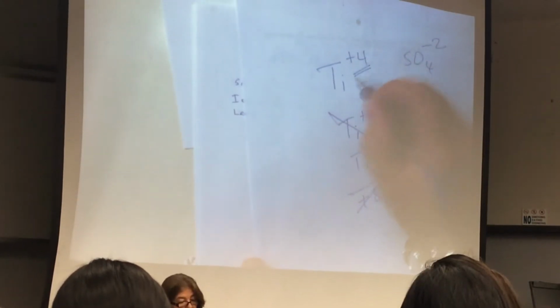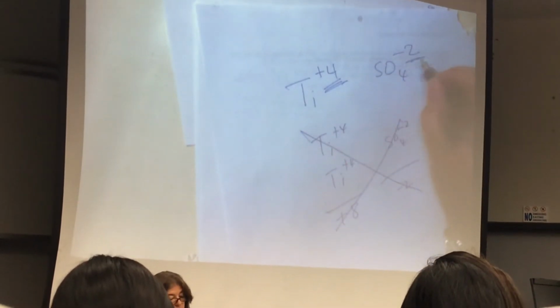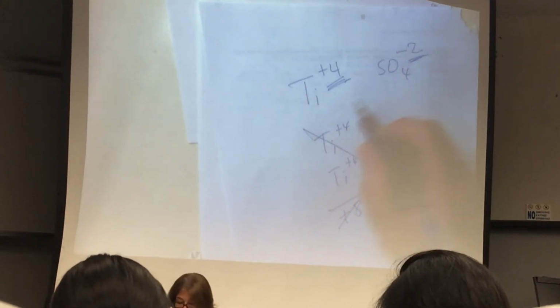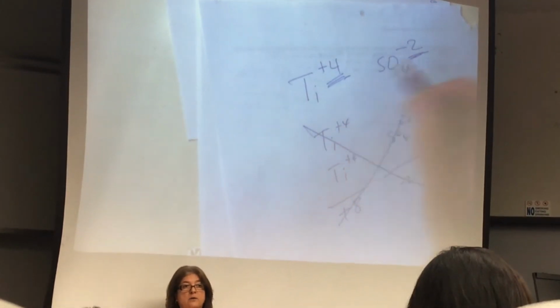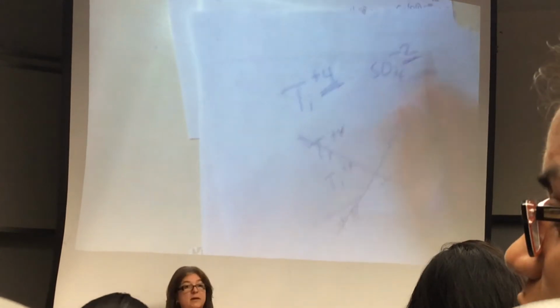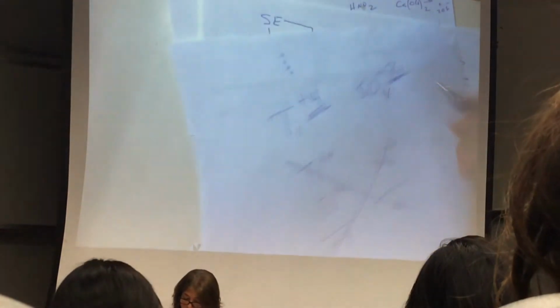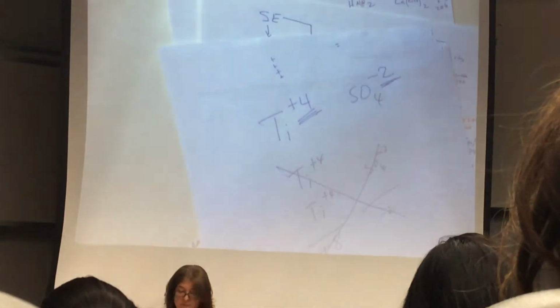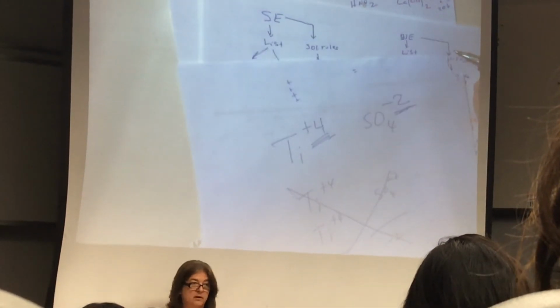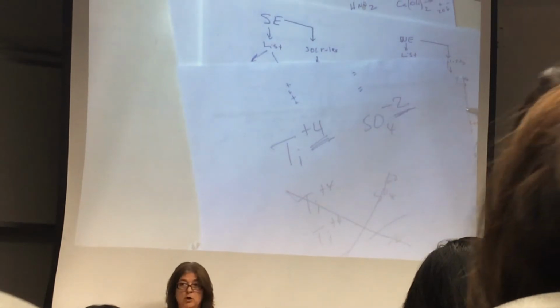If something is charged +4 and the other thing is charged -2, how many of each do you need? 1 of the +4 and 2 of the -2, because these are real counts. This means 1, 2, 3, 4. And if you have only 2 of these, you don't have electrical neutrality. So you need 2 of those.